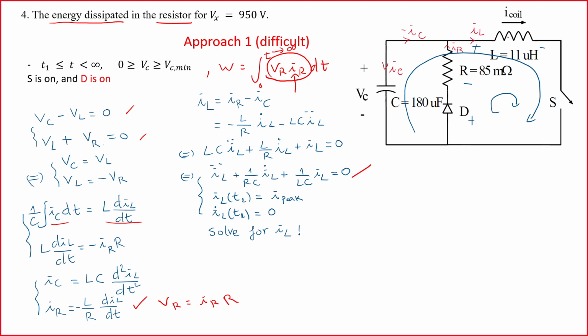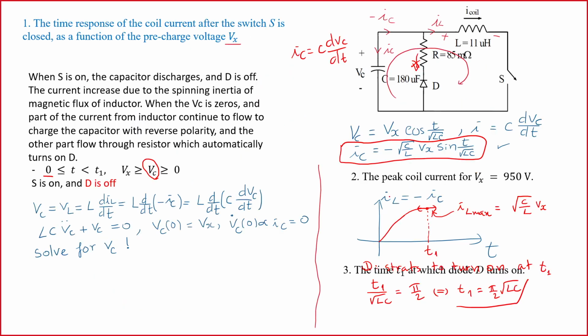So actually you can say energy dissipated here can be calculated by just the integral from 0 to T1, because you already have IC and VC.